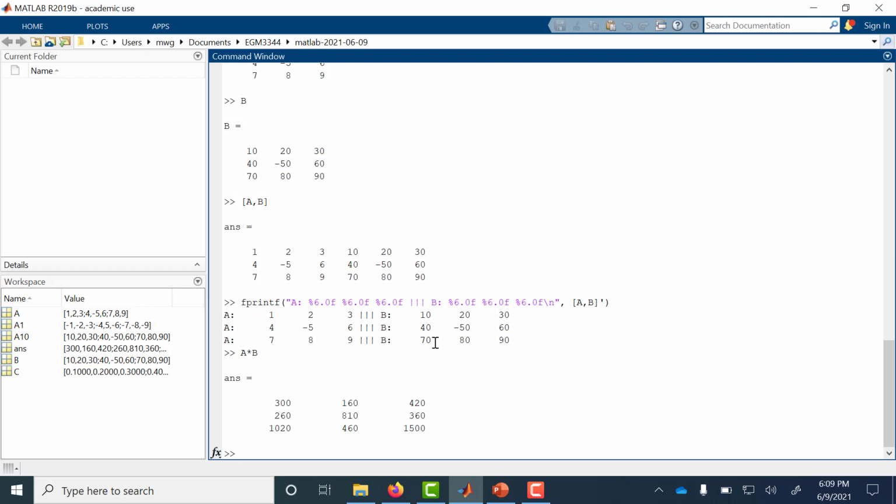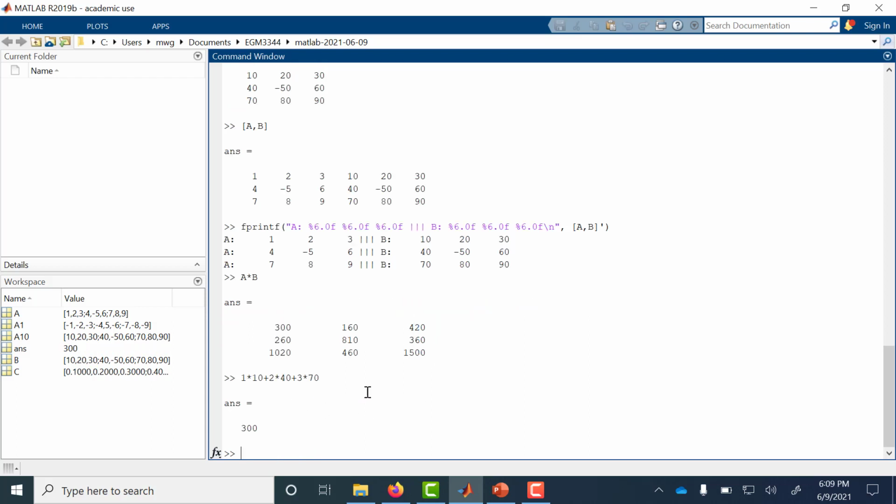So that should be 1 times 10 plus 2 times 40 plus 3 times 70. Let's see what that looks like. So that's that row dotted into that column. And let's see if that's 300. It is.